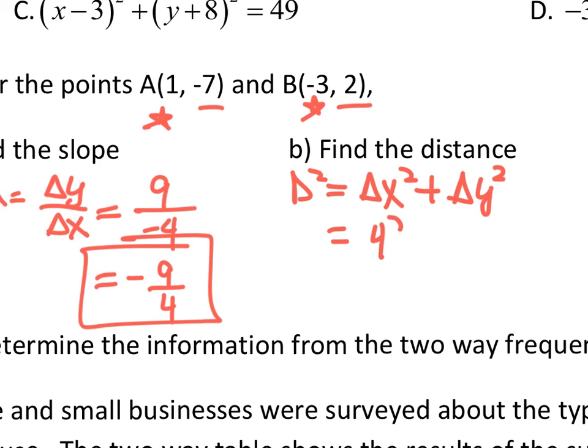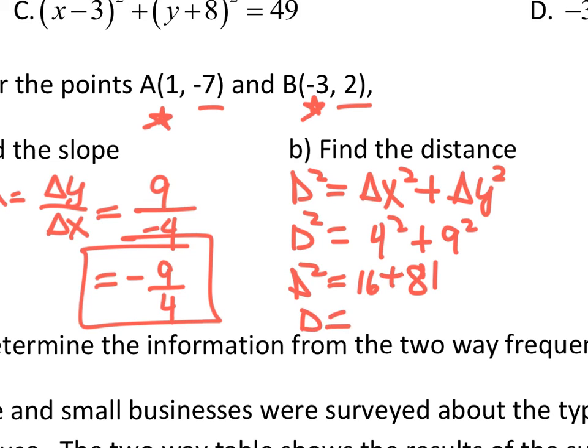So we'll have 4 squared plus 9 squared is our distance squared. So solving that out, when we add and square root, then our distance between the points is 10.8.